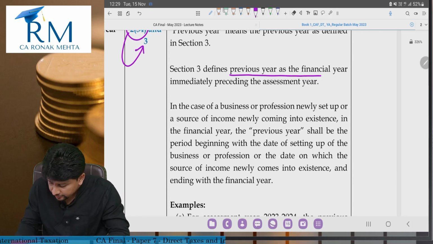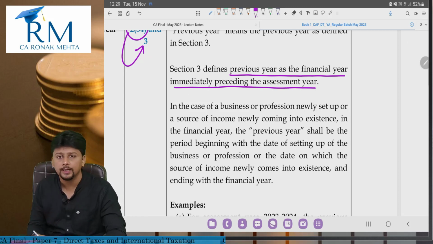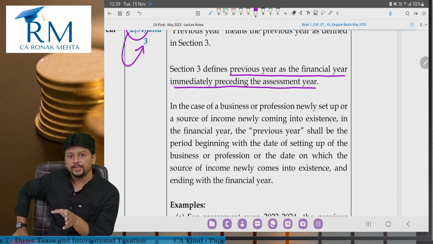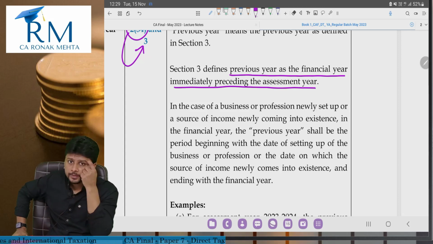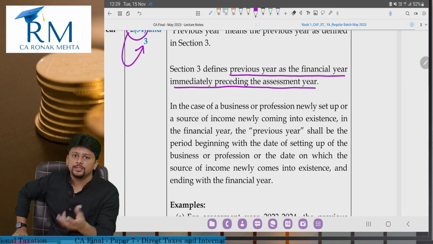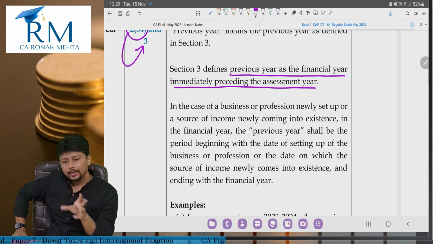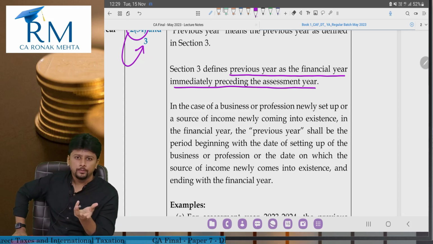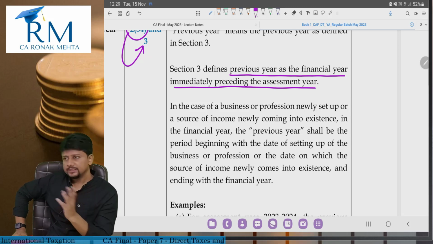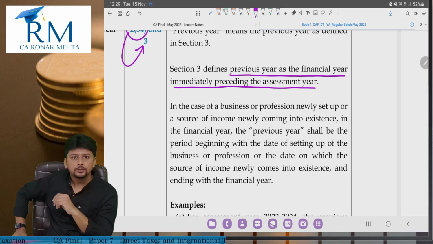Previous year is the financial year immediately preceding the assessment year. Arey? Assessment year is a financial year, 12 months starting from 1st April. Previous year is the financial year preceding assessment year. That's why every financial year plays a double role. Every financial year is an assessment year also and a previous year also.